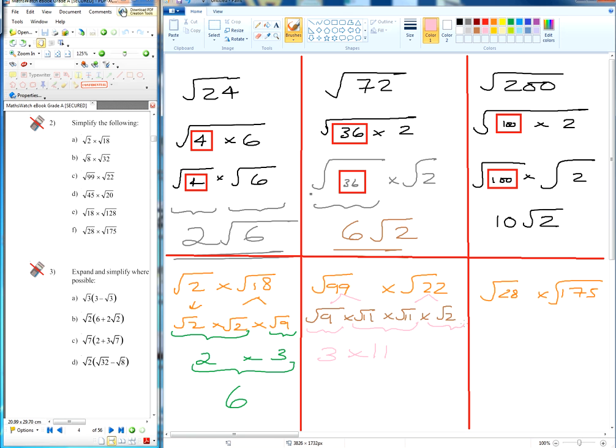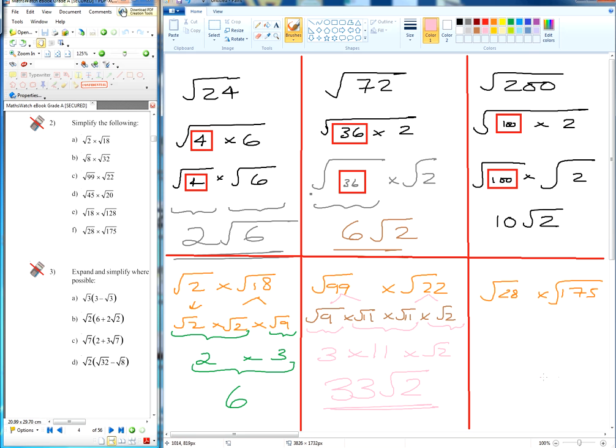And the root 2 will give us root 2. That won't do anything else. So 3 times 11 will give us 33 root 2. Are we happy with that? So you have to think about what you want to get out of it. In 22, you have 11 in there. Normally, I say to you, find the square factors, but I haven't found the square factors in 22. But I'll still factorize it because the root 11 will help the other root 11.